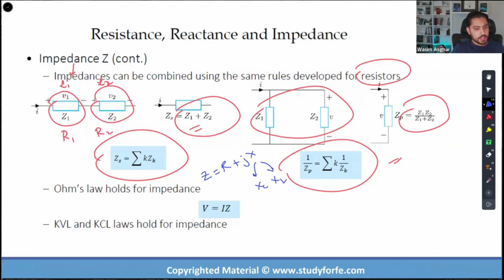And the reason I mention this is that the summation of capacitance and summation of inductance behaves differently. That's an important concept to understand as well. I'll briefly touch upon that shortly. Ohm's law holds for impedance, just like it holds for resistance and reactance. KVL, KCL, in other words, your Kirchhoff's laws also hold for impedance.